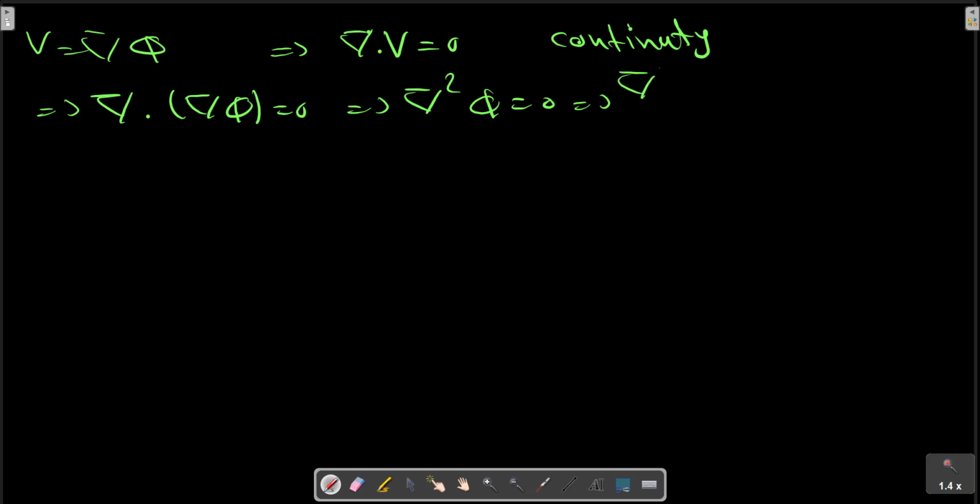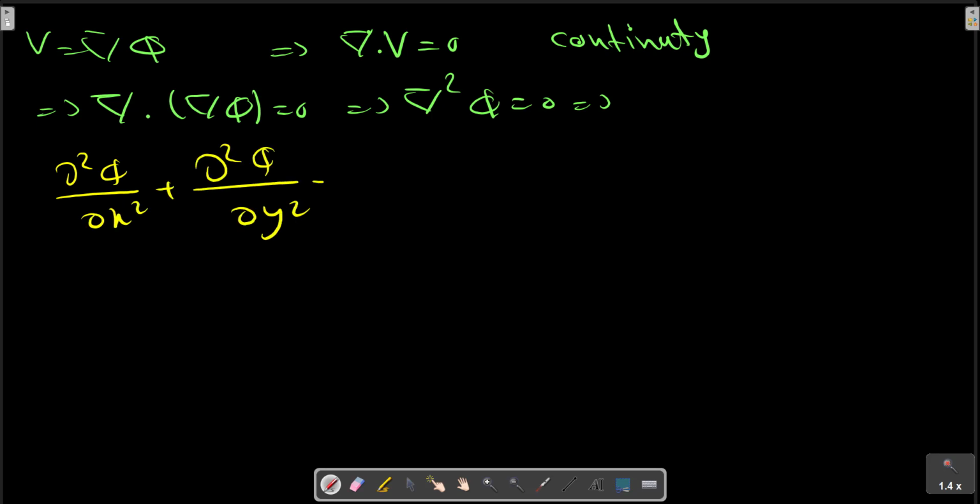So we have this relation for continuity as a function of the potential, the velocity potential, which is the continuity equation.